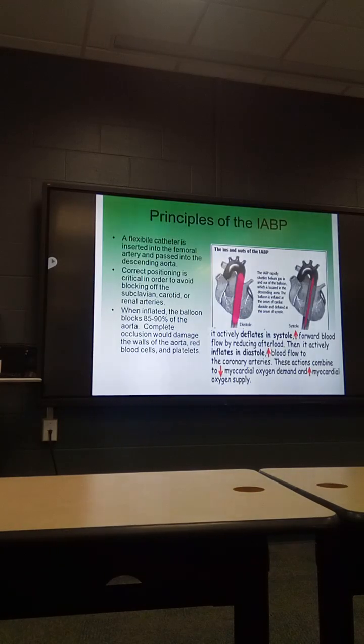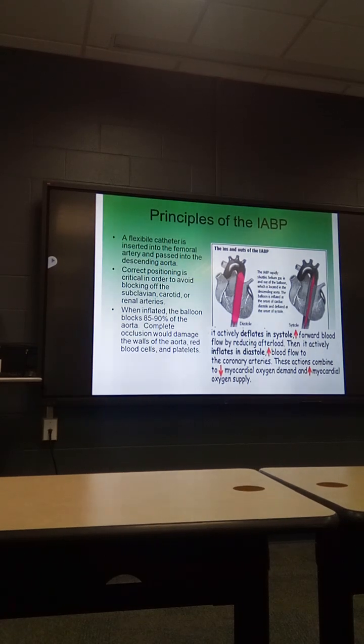If too much damage to those arterial systems is done, then what is called an intra-aortic balloon pump is used. The principle is that this pump will do the pumping of the heart.